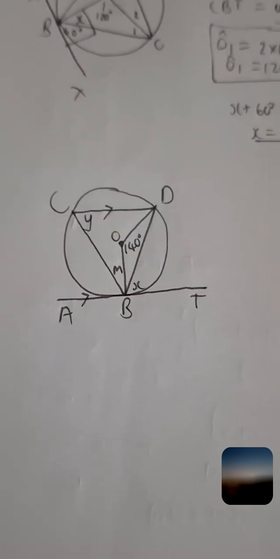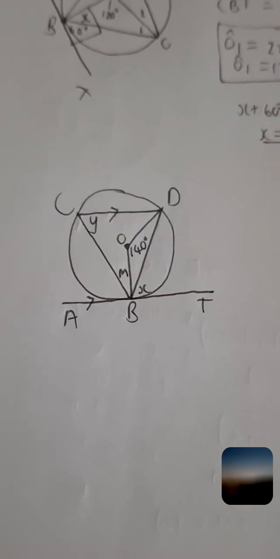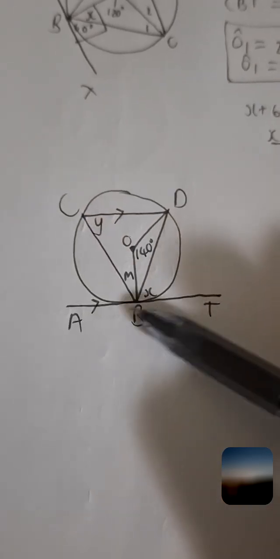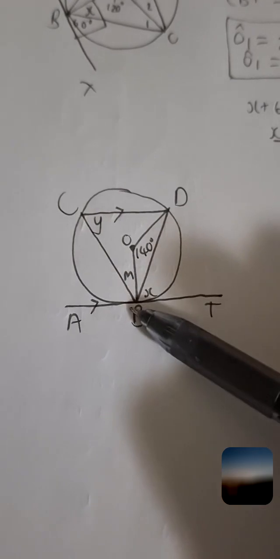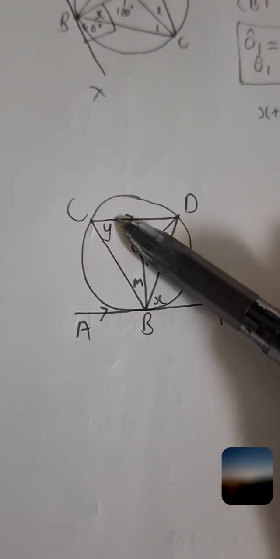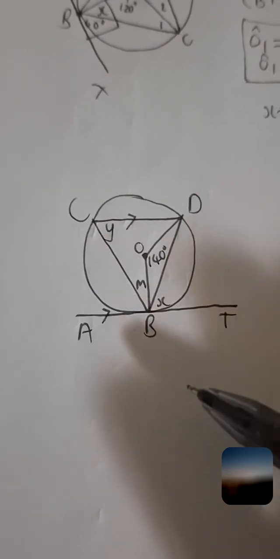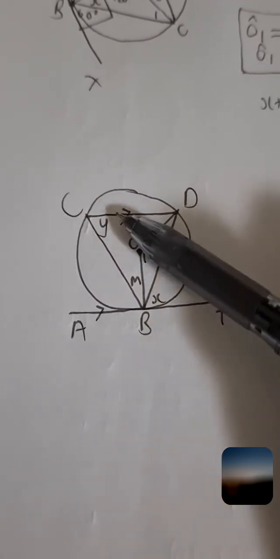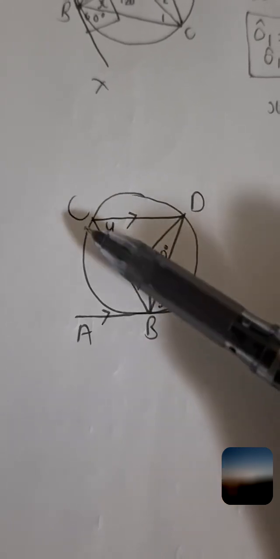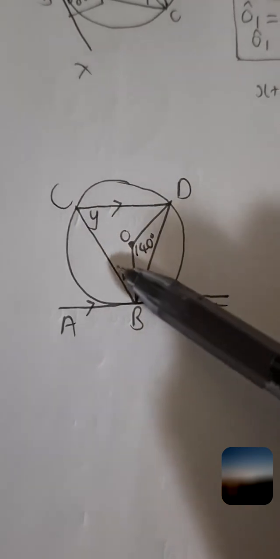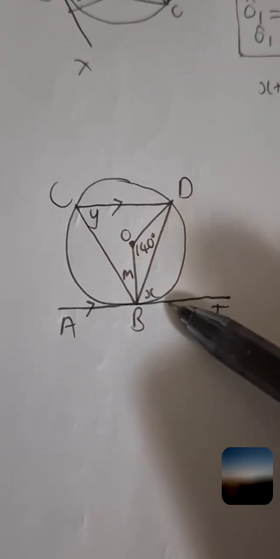Meaning that angle C, which is Y, will be equal to angle CPT, alternate angles. This, you are saying, will be equal to CPA, actually, CPA, sir, CPA.